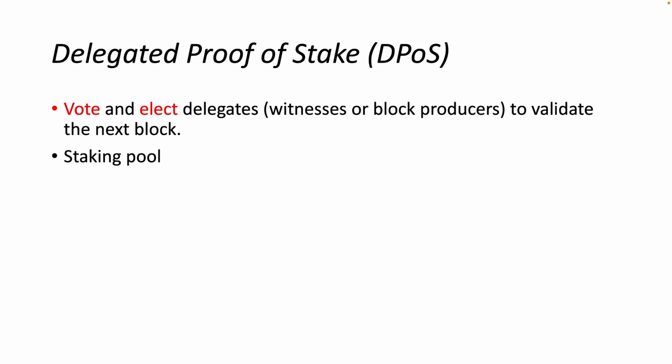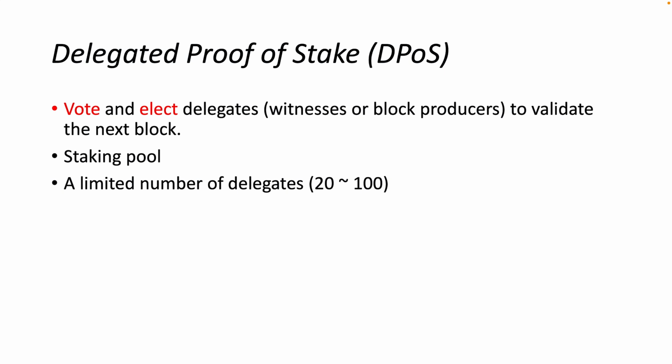We can just stake the tokens to a staking pool, and the number of delegates is limited. Usually it's between 20 and 100, and elected delegates receive the transaction fee from validating a block, and the reward is then shared with users who pooled their tokens in the successful delegate's pool.